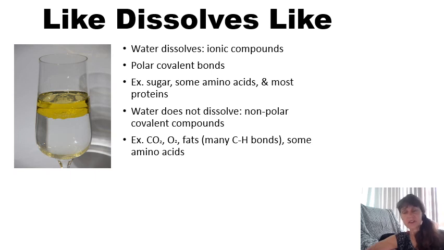So again, sugar, some amino acids, most proteins, not all, but most. Water does not dissolve nonpolar covalent compounds, so it will not dissolve carbon dioxide, oxygen. Fats have a lot of carbon-hydrogen bonds. Some amino acids are fat soluble, but that's pretty much it.